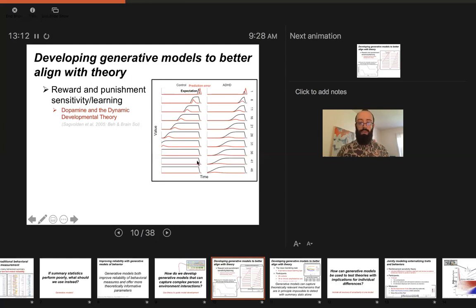What you can actually derive from this is how much people discount later rewards. If it takes longer, if you have a lower learning rate, you can derive a discounting curve, which says, after observing many pairings of a stimulus with a reward at different time intervals, on average, how much do I discount rewards at specific delays?